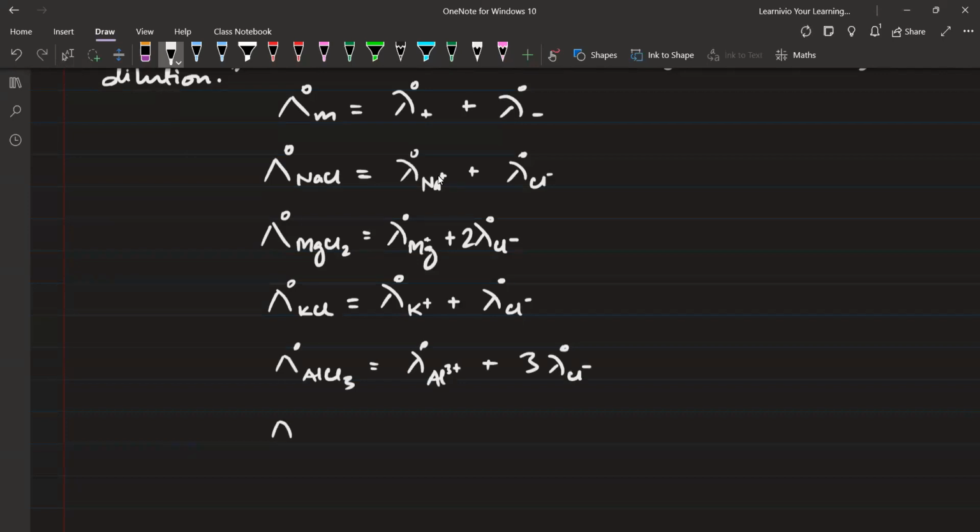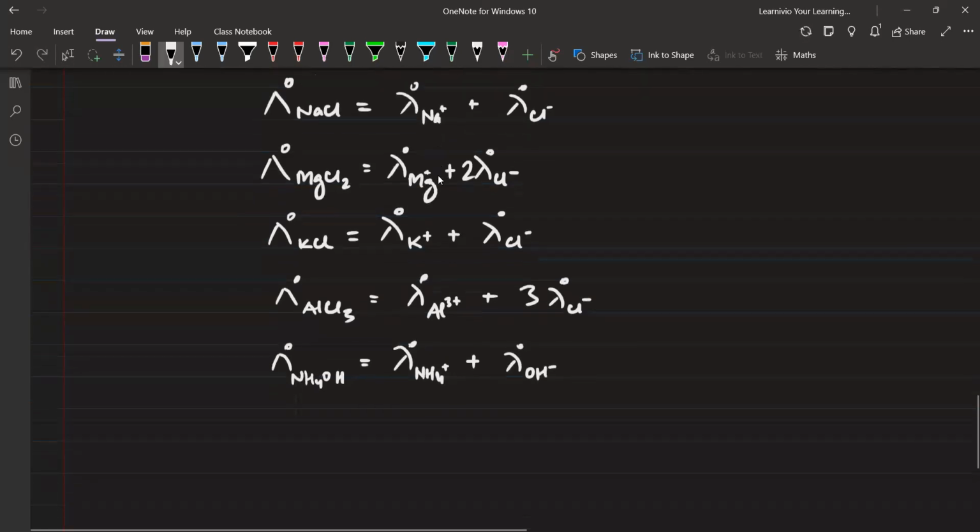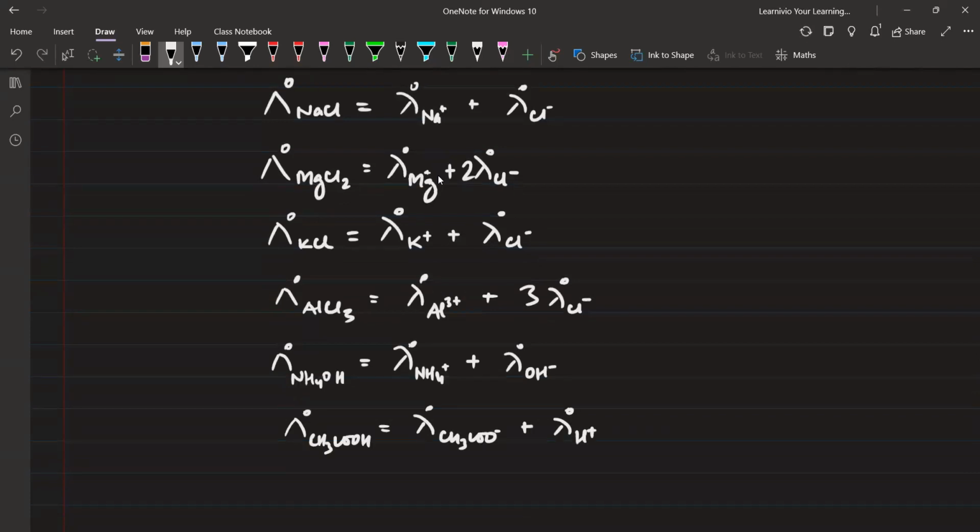Then lambda naught of NH4OH is equal to lambda naught of NH4 positive plus lambda naught of OH negative. Then lambda naught of CH3COOH equals lambda naught of CH3COO negative plus lambda naught of H positive. Lambda naught of AgCl is equal to lambda naught of Ag positive plus lambda naught of Cl negative.